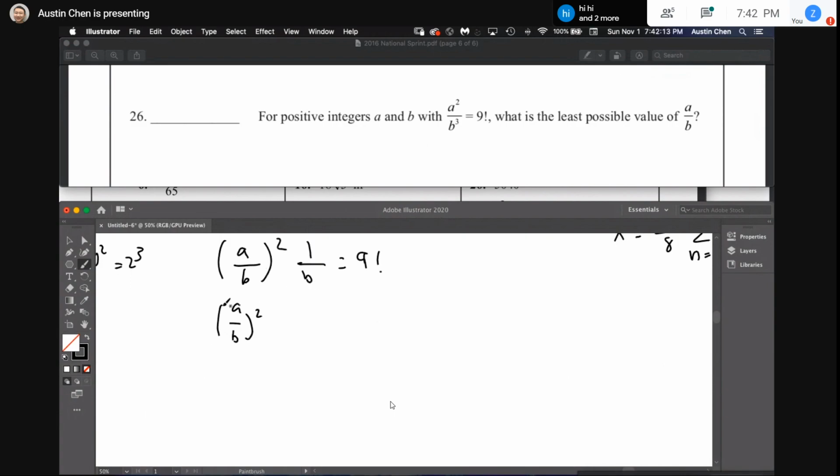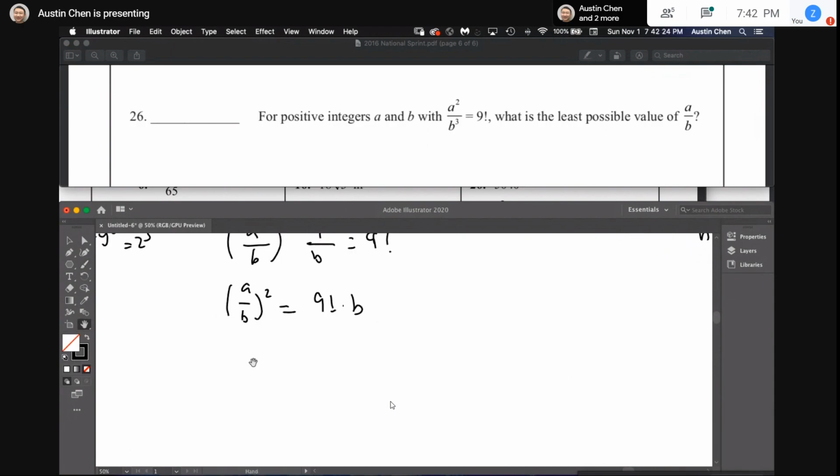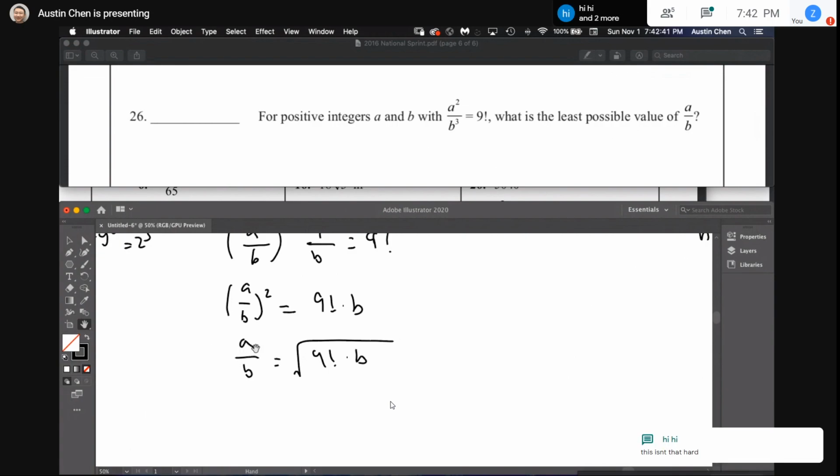So we put the b on the other side. Then we have a over b equals the root of 9 factorial times b. So if we can just minimize this, then we can minimize a over b, and we can try to get our answer.